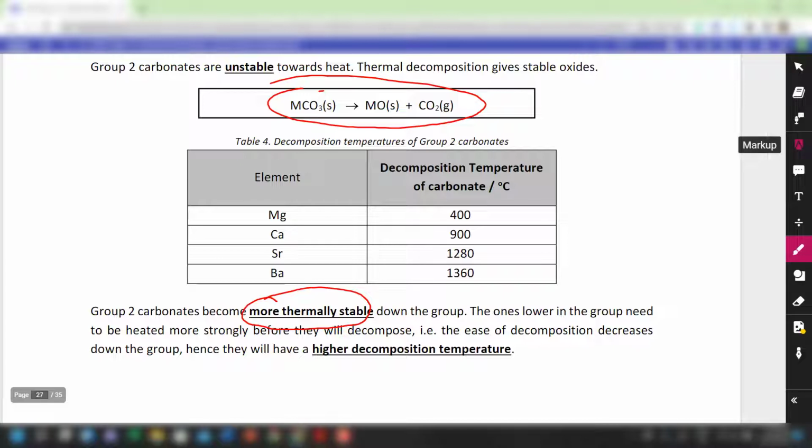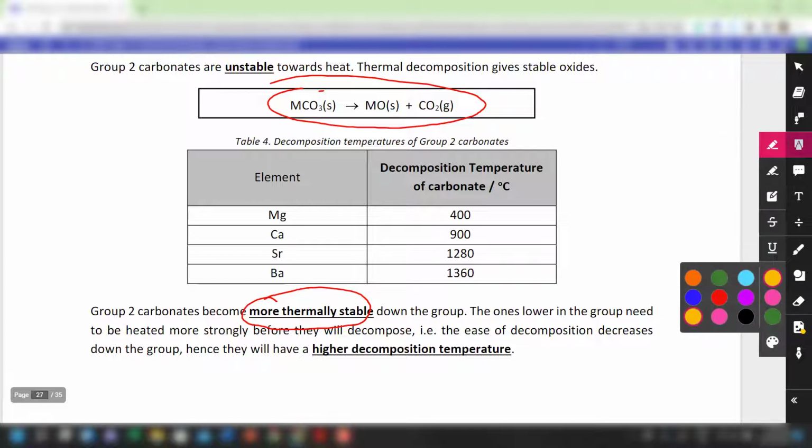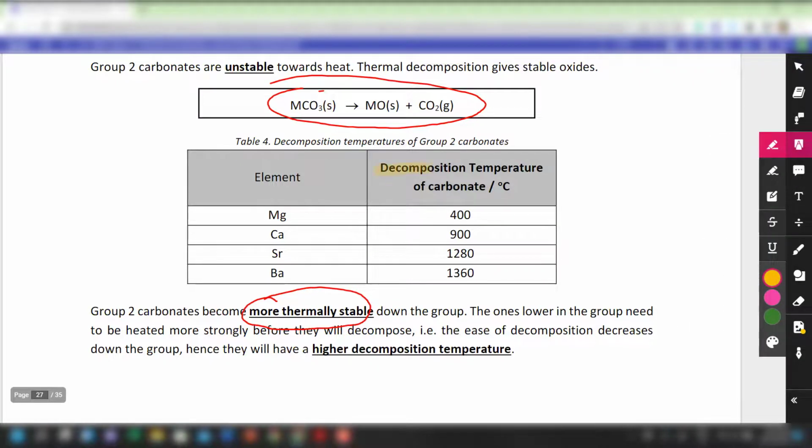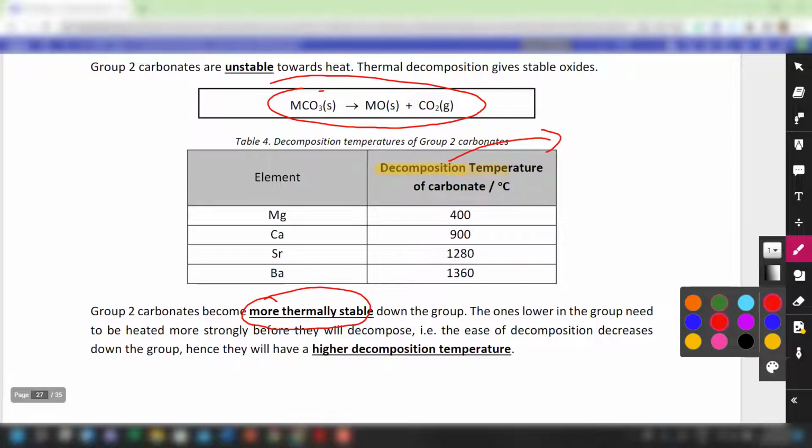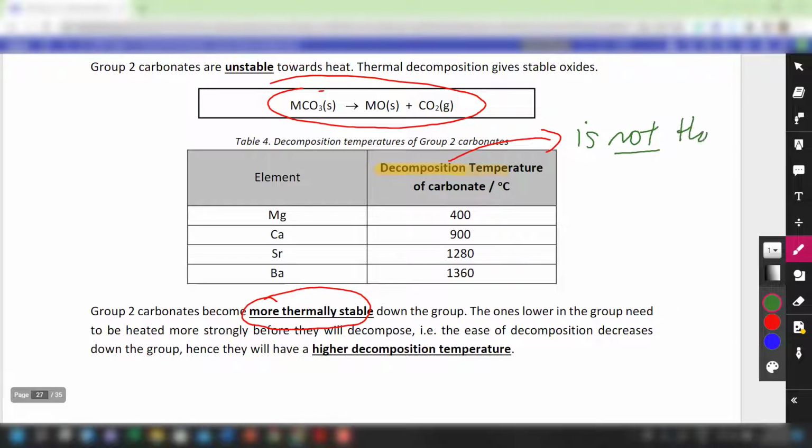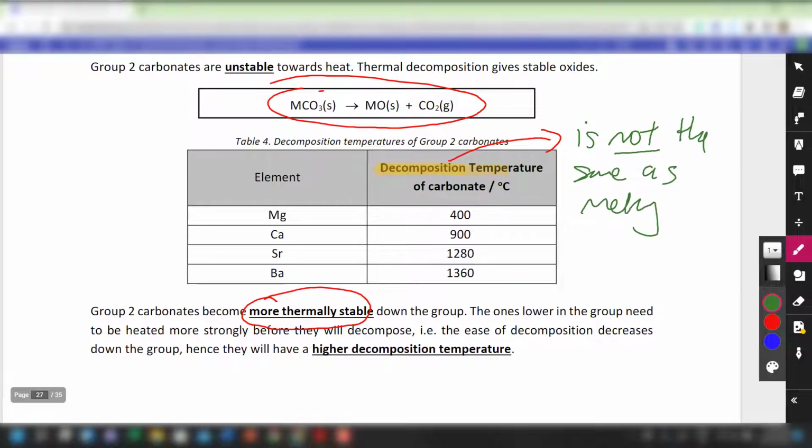One of the main misconceptions students might have is the difference between decomposition and melting. Remember that decomposition is not the same as melting or boiling.